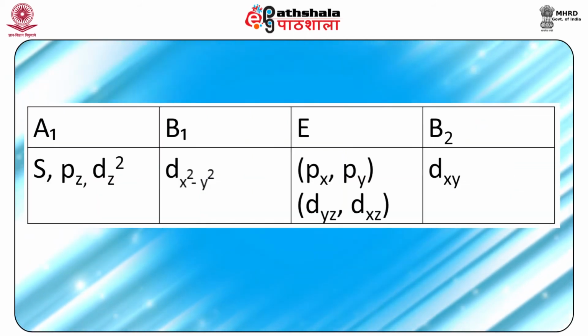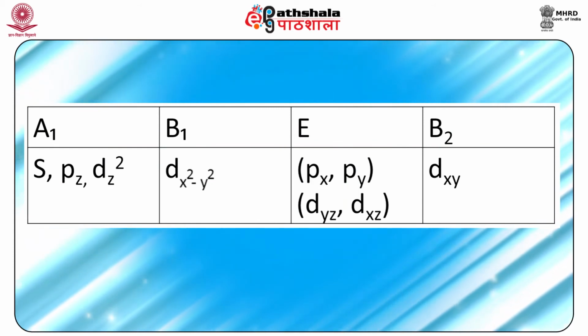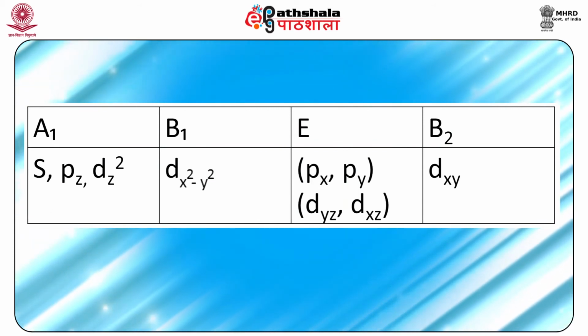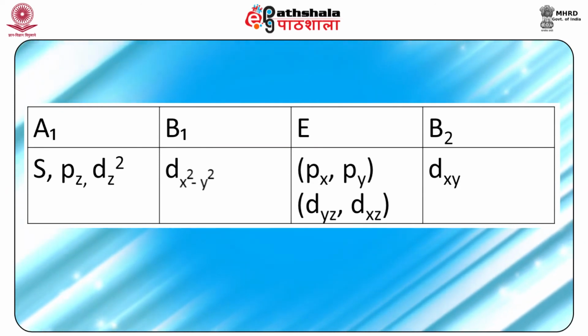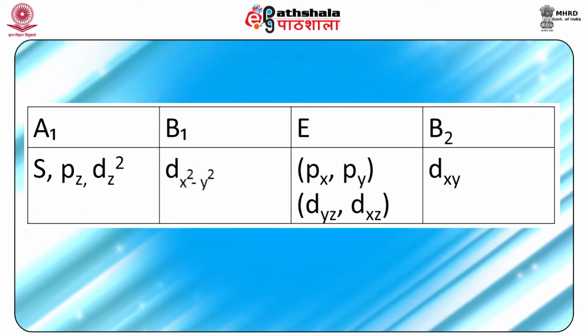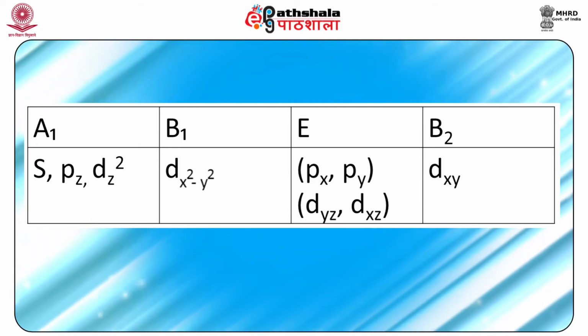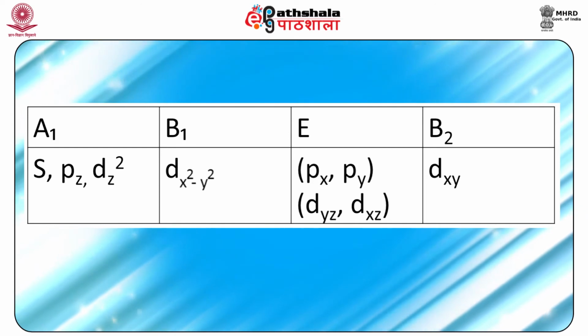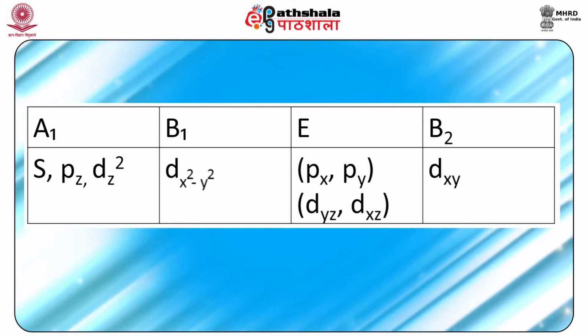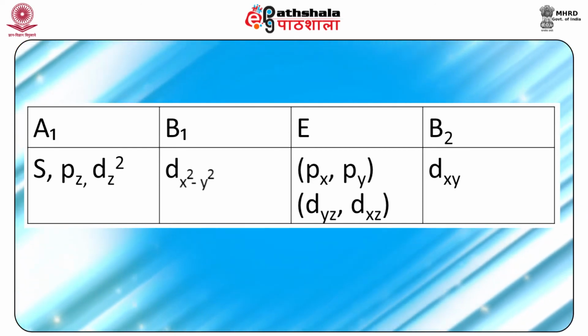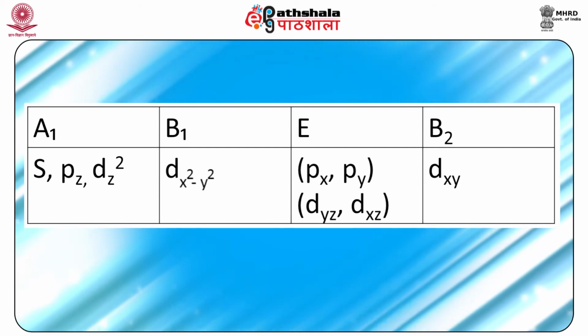The symmetries of the atomic orbitals of the bromine atom corresponding to 2A1 plus B1 plus E are shown in the tabular form. For A1 symmetry, the bromine atomic orbitals are s, pz, dz square. For B1 symmetry it is dx square minus y square.